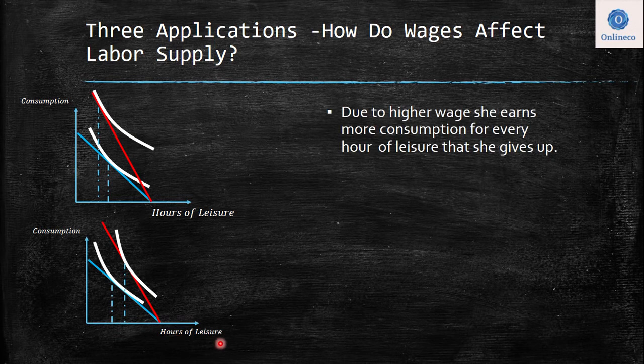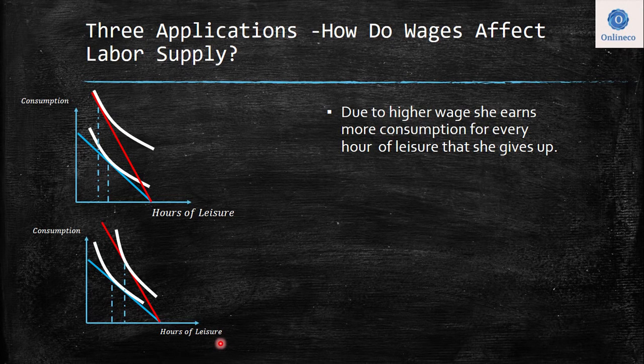Then, due to higher wage, she earns more consumption for every hour of leisure that she gives up. Obviously, because at that time you can have a higher salary. So this should be the case.